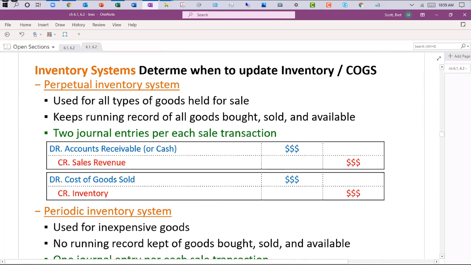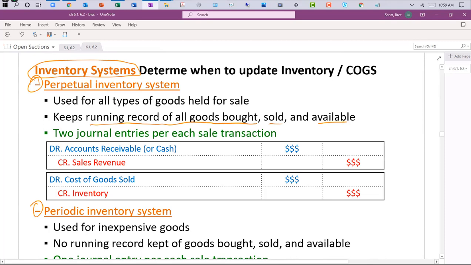Now, when we sell the units, we have to ask ourselves which type of inventory system we are going to use to update our inventory as the goods are being sold to customers. An inventory system comes down to two things, the perpetual versus the periodic. Perpetual means that we're constantly updating our records for all goods bought, sold, and available.